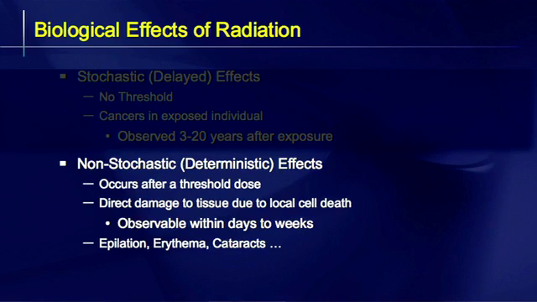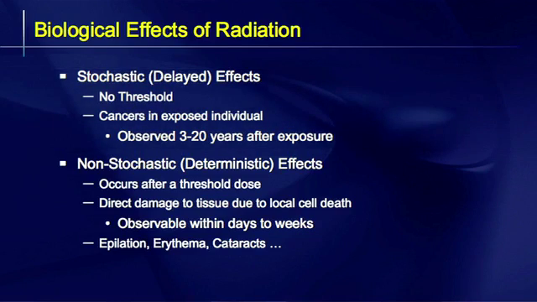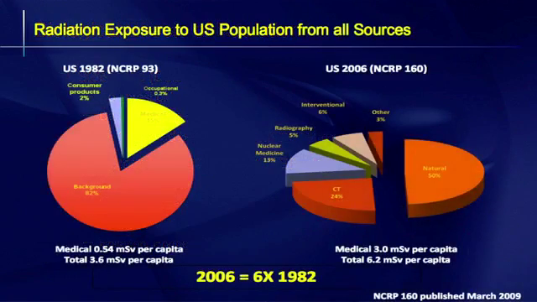The second level is referred to as stochastic or delayed effects. These effects are related to the action of ionizing radiation on cells. And there may be, as part of this late action, even 10, 15, 20 years later, an effect that causes cancer.